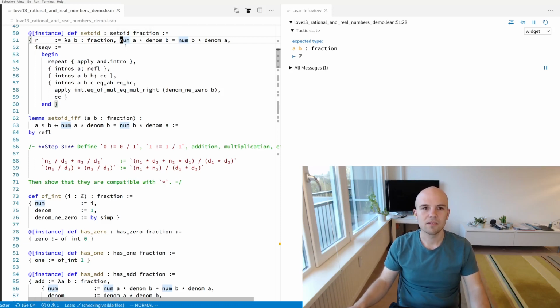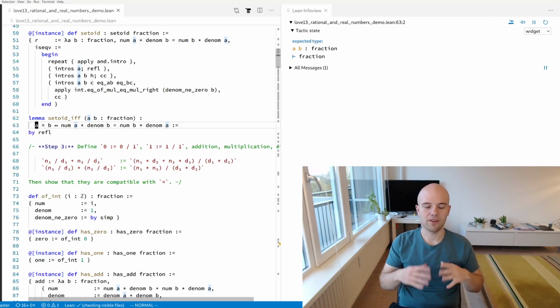Okay, so this is exactly what I've drawn before. And now we need to prove that it's an equivalence relation, so that it is reflexive, symmetric, and transitive. Again, we restate the definition of the equivalence relation for convenience.